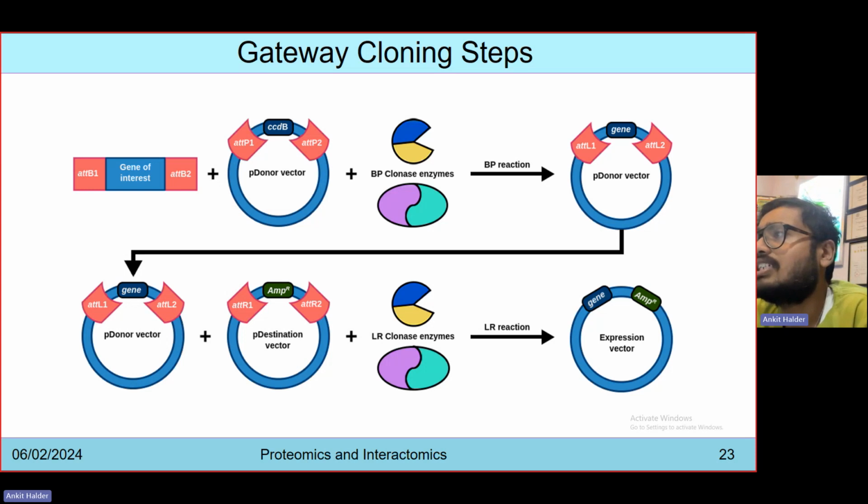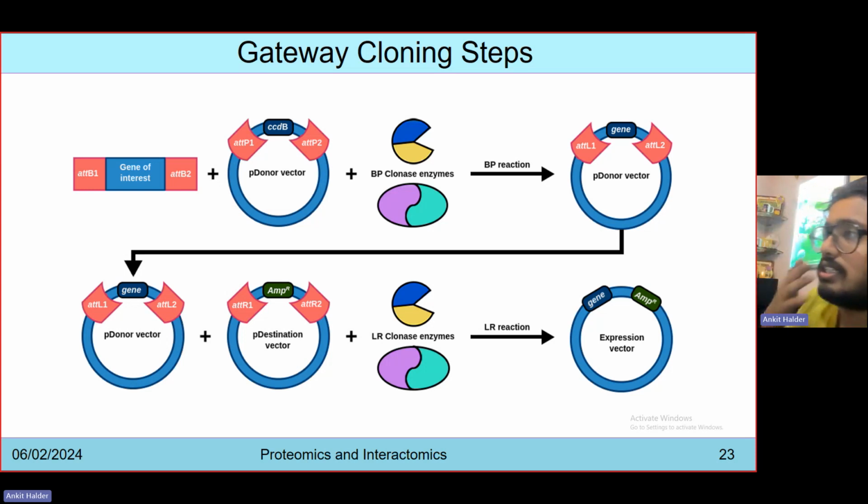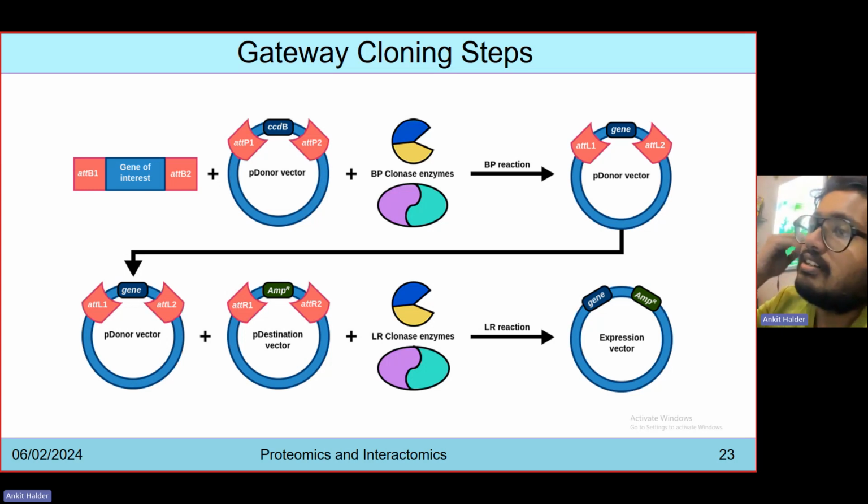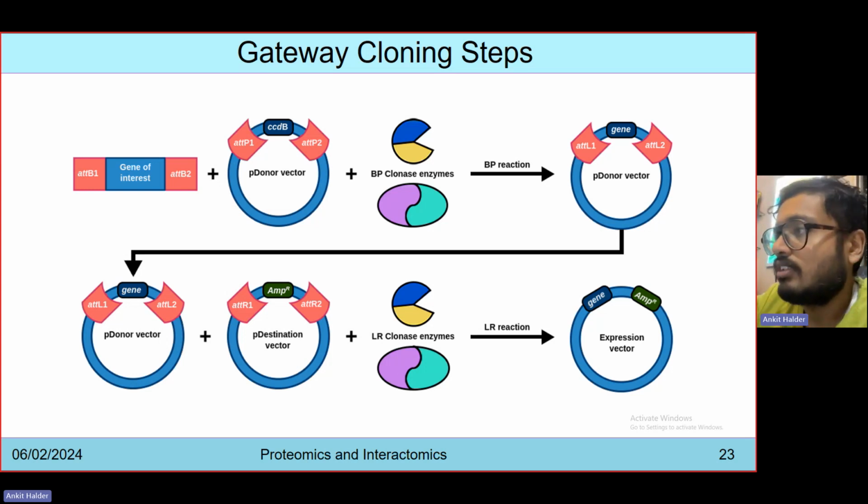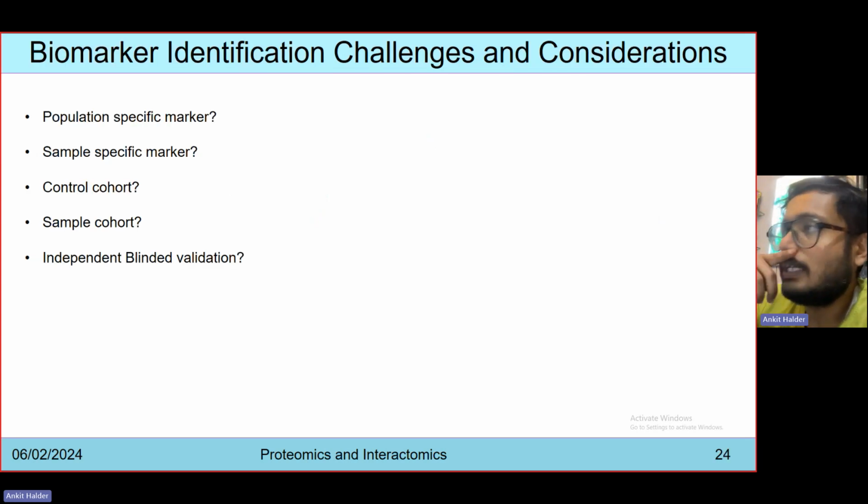With the BP reaction, you are getting the gene of interest into the donor vector, and from the donor vector you are getting into the destination vector with the luciferase enzyme. You add it into the expression vector and then express it, and obviously you will have an antibacterial resistance gene, which helps you to see that the selected bacteria grow with resistance to that particular antibiotic.